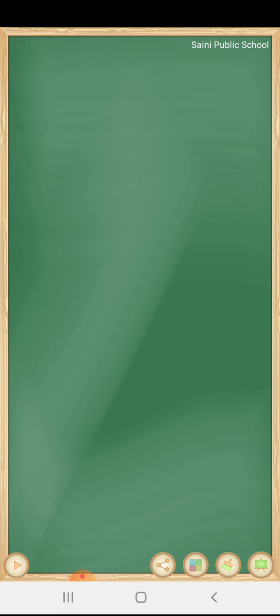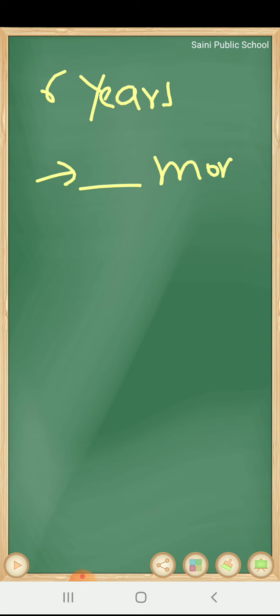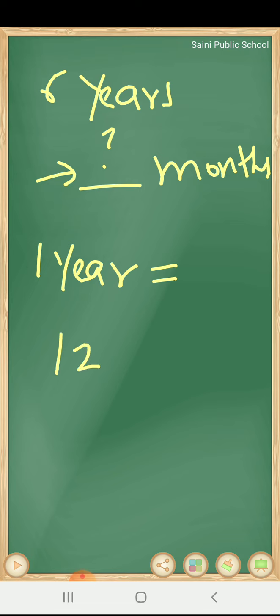Suppose we want to convert 6 years into months. Our first example is how many months are there in 6 years. Now we know that 1 year is equal to 12 months.